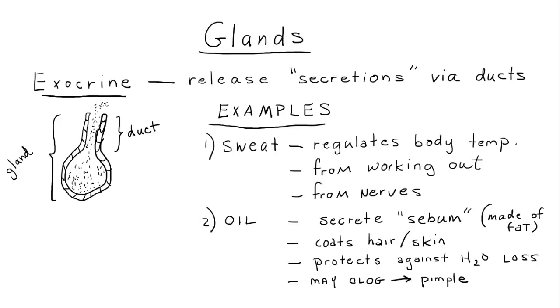And then sometimes these pimples can become infected, and people have a greater or lesser tendency to get pimples and acne, which is pimples that are forming all over the face and also can become infected.